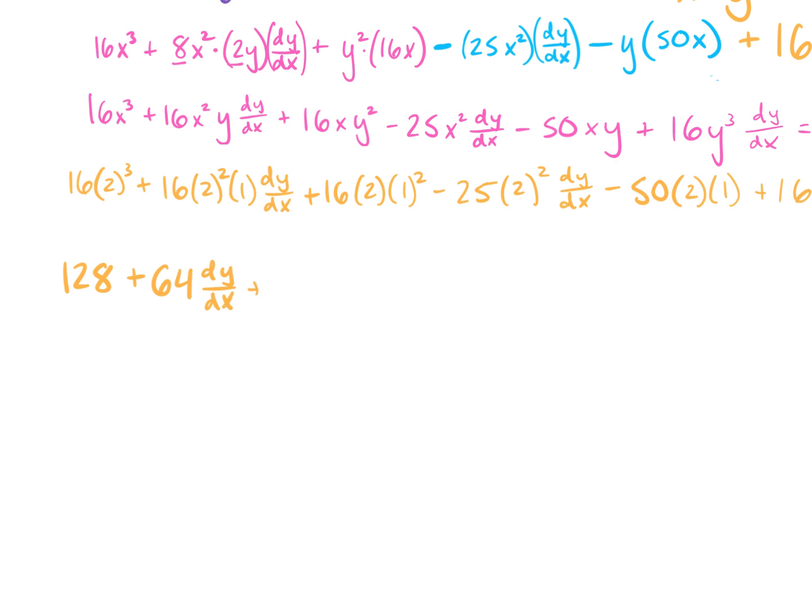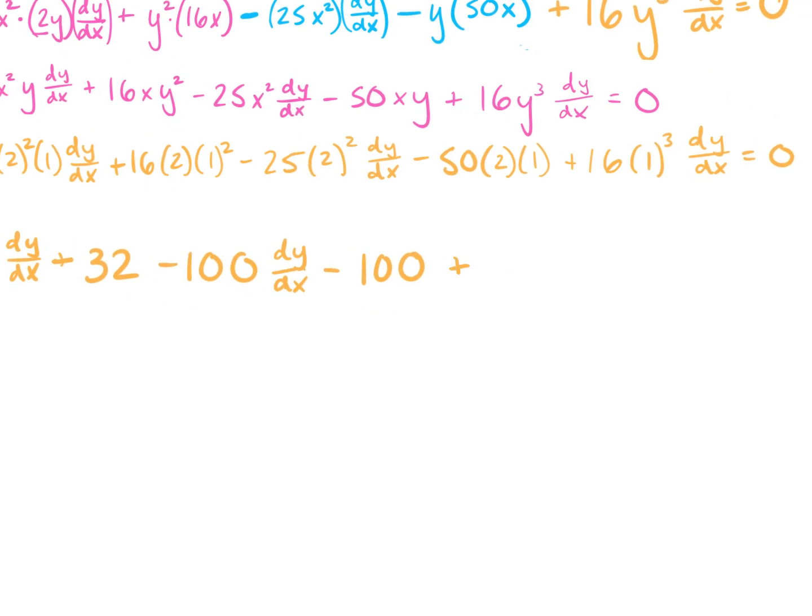Plus 16 times 2 would be 32. 2 squared is 4, and 4 times 25 would be 100, so minus 100 dy/dx. Minus 100. Plus 1 cubed is 1, times 16 would be 16 dy/dx.